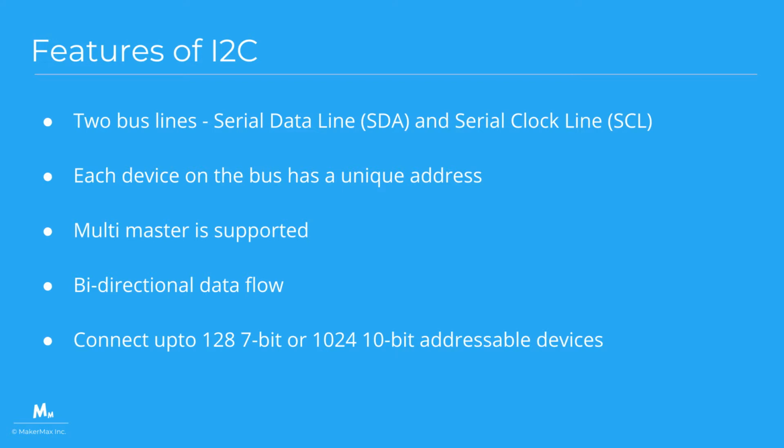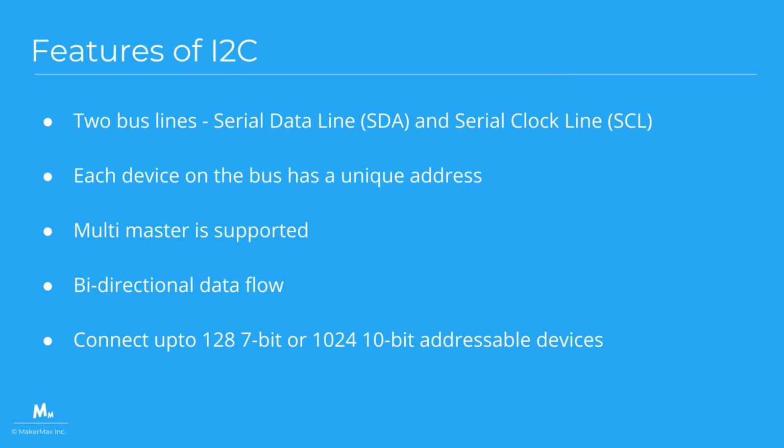I2C is a serial communication protocol. You only need two bus lines to implement it, the serial data line, SDA, and serial clock line, or SCL. This is a big advantage of I2C compared to other protocols like SPI, which need 4 wires and an additional chip select line for each additional SPI device on the bus.